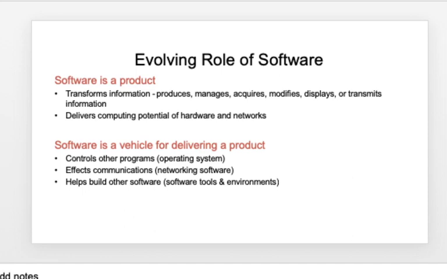For instance, the operating system is a program that controls your computer. It affects communication. For example, networking software installed on a router affects communication. It helps to build other software, where you can use it as a simple tool or an IDE, the integrated development environment, to build other software using your software as the base.